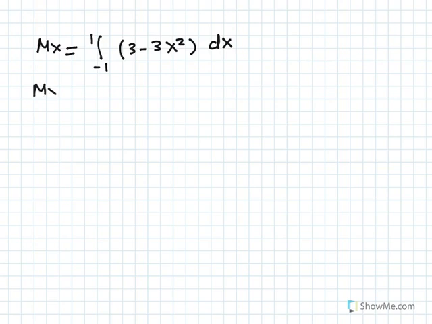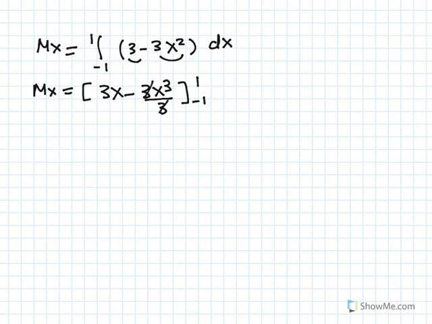All right, so we have the integral from -1 to 1 of 3 minus 3x squared dx. So the moment with respect to the x-axis is, integrating 3, reverse the power rule, we get 3x. Integrate 3x squared, we get 3x cubed divided by 3. Evaluate it from -1 to 1.